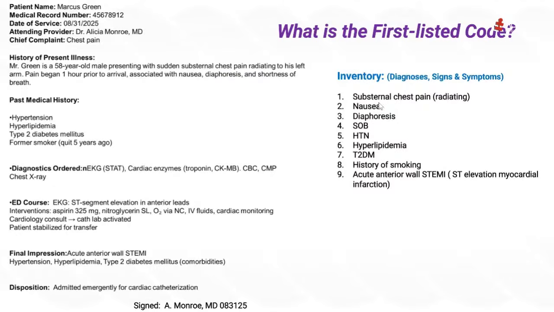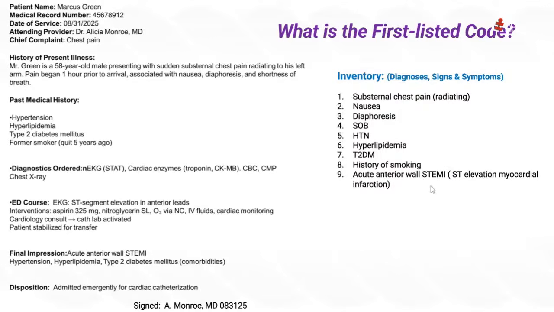So, substernal chest pain, that's the very first diagnosis, sign, or symptom provided, and it's radiating. Nausea, diaphoresis, shortness of breath, hypertension, hyperlipidemia, type 2 diabetes mellitus, history of smoking, and acute anterior wall STEMI.